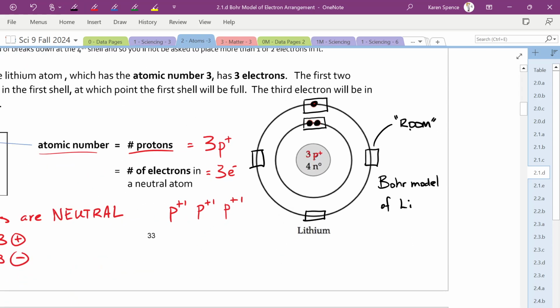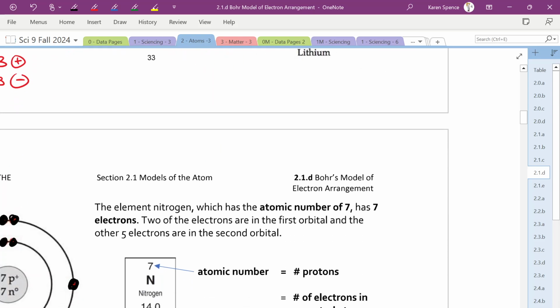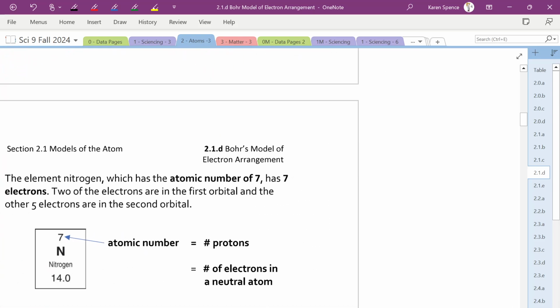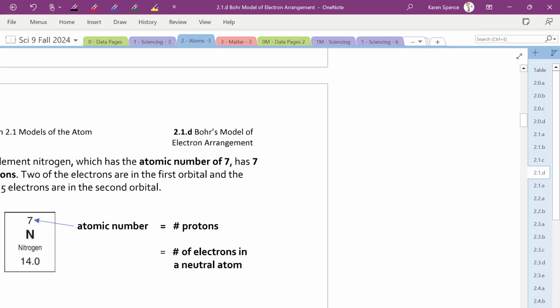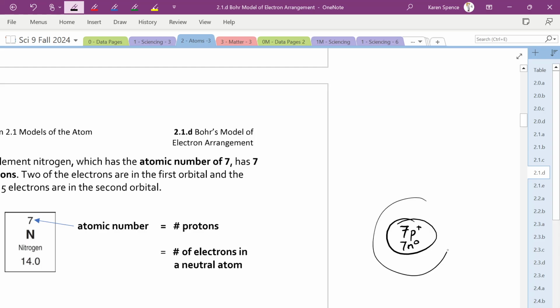Let's try something bigger than lithium. We're going to try nitrogen, and I know it's there for you, but I'm going to draw nitrogen over here. In the nucleus, we have 7 protons, and I'm just going to put 7 neutrons. Again, you don't have to know neutrons at this point. How did I know that nitrogen has 7 protons?